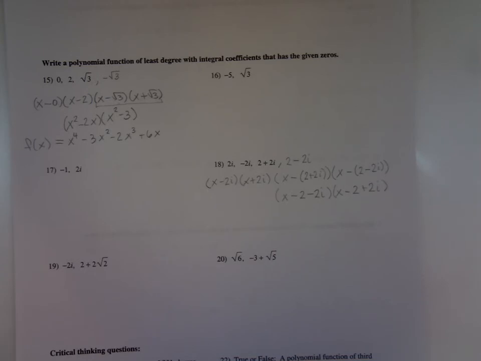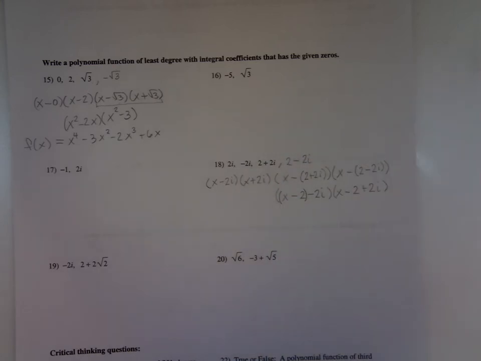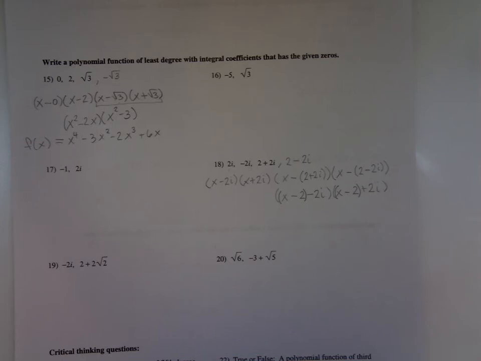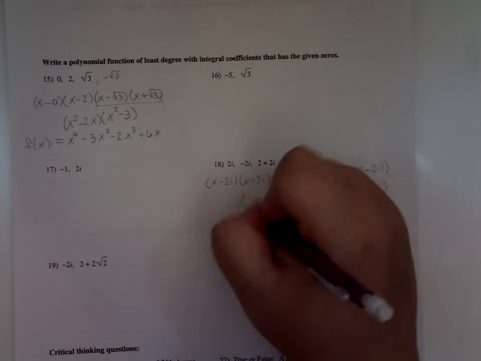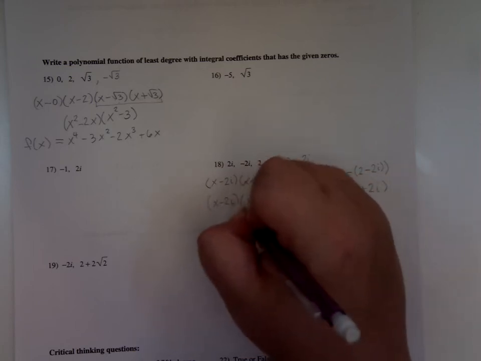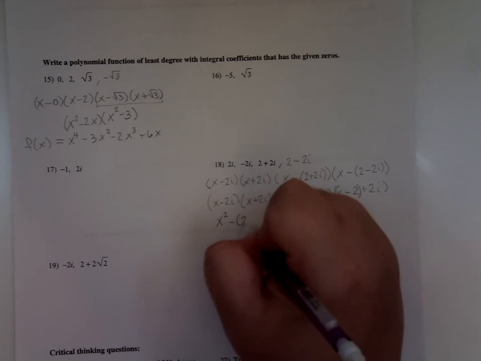So I'm going to put the parentheses around x minus 2. Now we've got a difference of squares, and we've got one here as well. So I'm just going to recopy this down. So what is this going to be? This is going to be x squared minus 2i squared, and I'm going to just leave it like that.